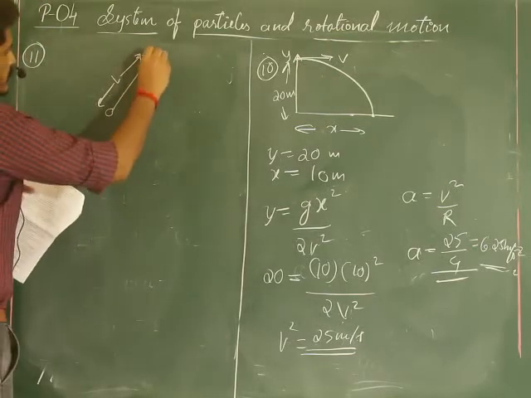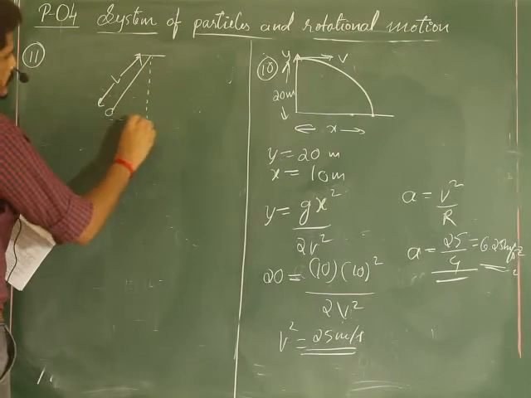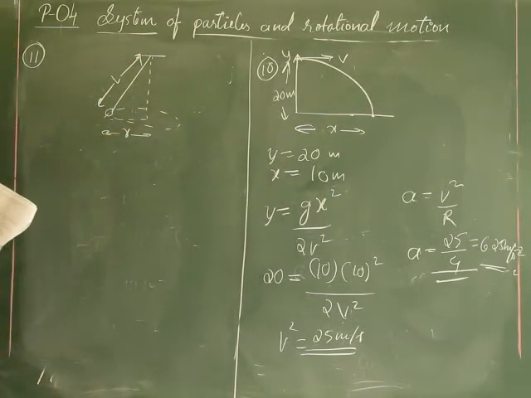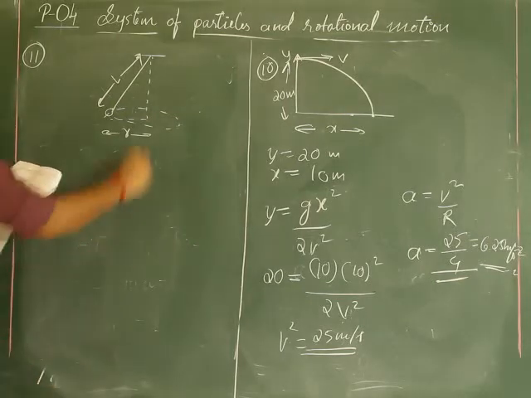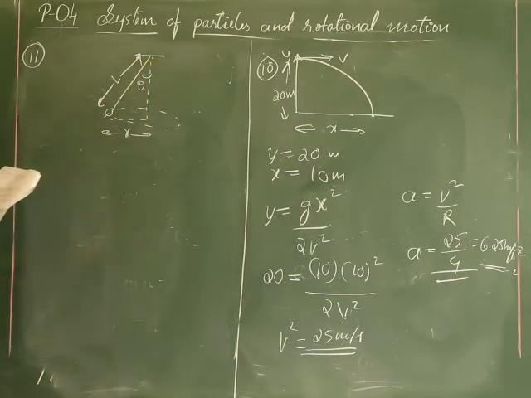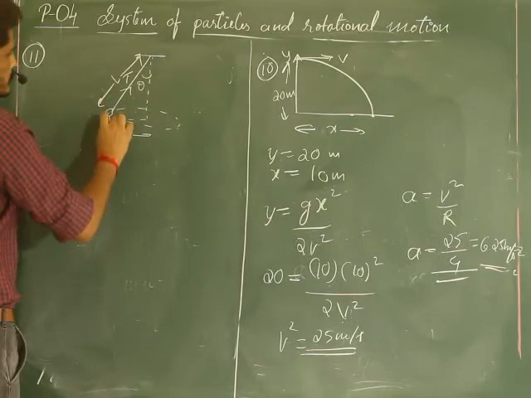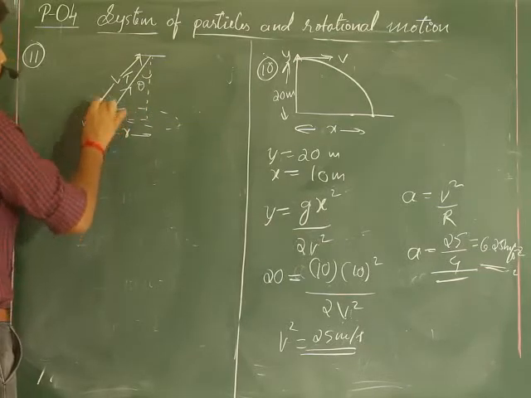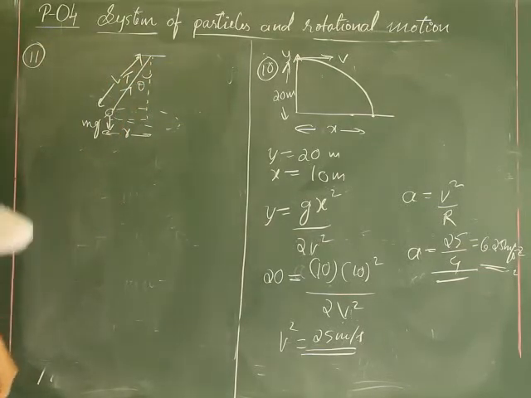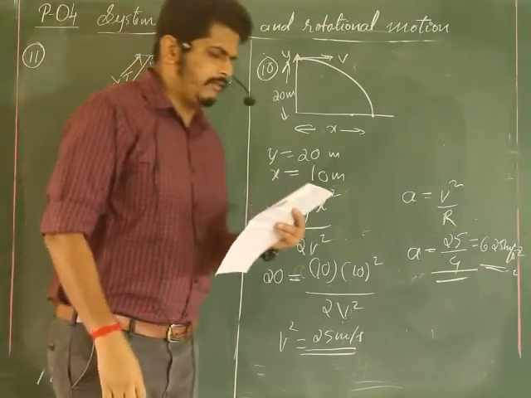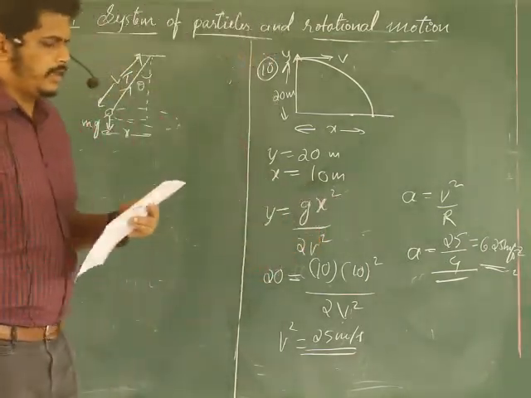So it is moving like this. This is theta. The forces acting on the particle are mg and T. Correct, because tension T acts along the string and mg downward. Next, the options are mg, T, and mv square by R directed inward.